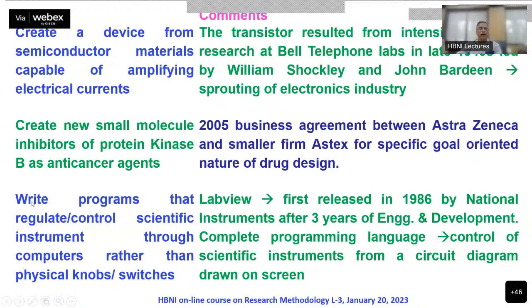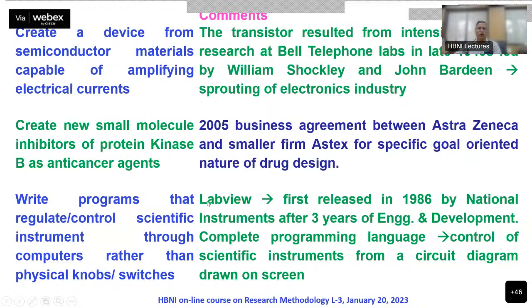Similarly, write programs that regulate and control scientific instruments through computers rather than physical knobs and switches. Earlier we had instruments which we used to operate with knobs. Those of you who work on accelerators at BARC, I remember, there was a trip, several control valves would be moved, but now you have computer-controlled machines. The whole thing has changed because of the development of LabVIEW.